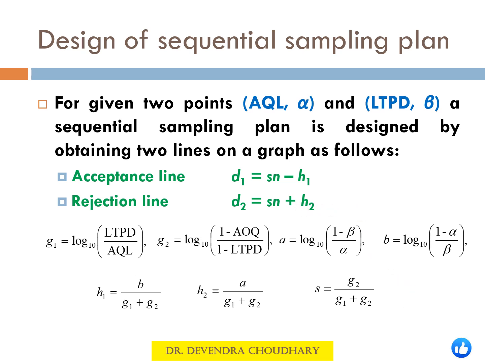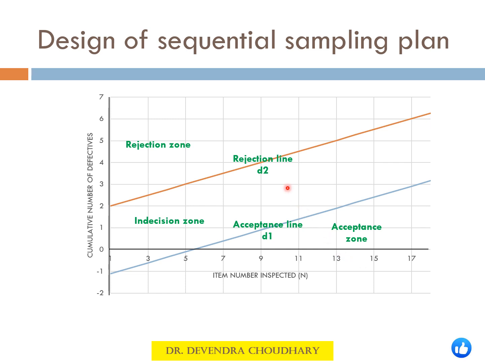So we can plot two lines, the rejection line and the acceptance line, and n is your item number inspected: first, second, third, fourth and so on. When we put the value of n for given values of slope and H1 and H2, we get this curve. Now here we have three zones.